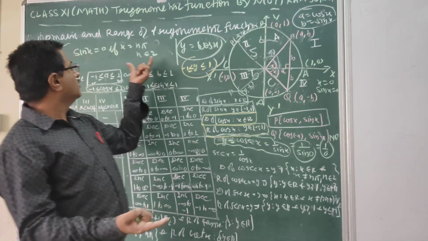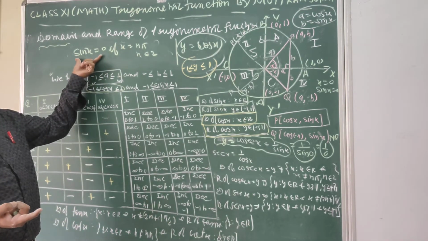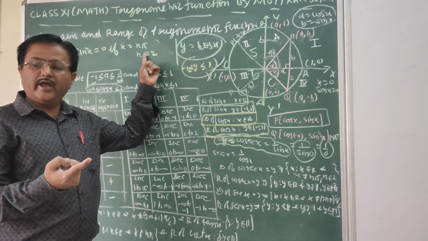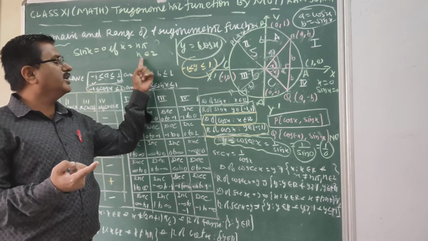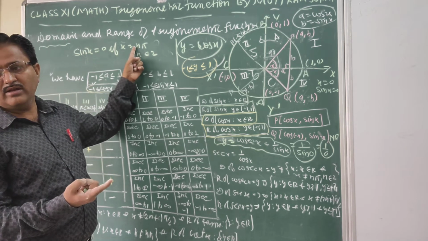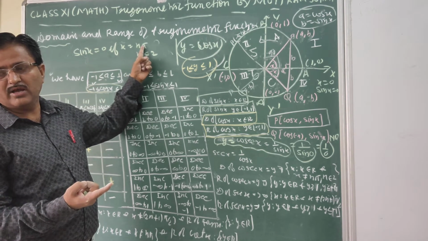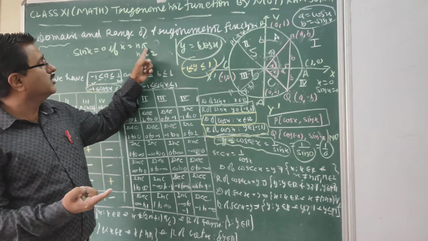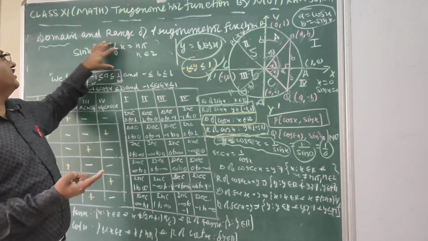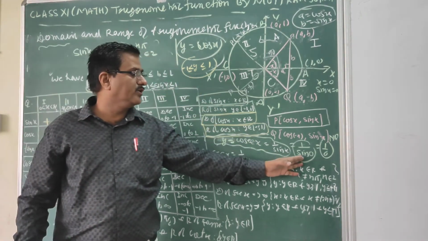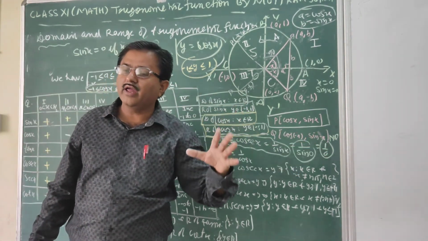And we know sin x is 0 if x equals n pi, where n is an integer, like 0, 1 pi, 2 pi, and for n equal to minus 1, minus pi. So at all these points the value of sin x is 0, and if 0 is the denominator, that does not exist.